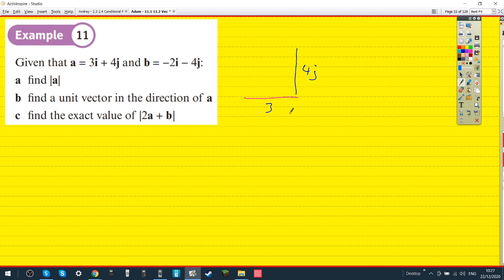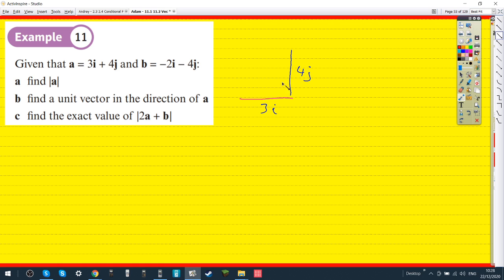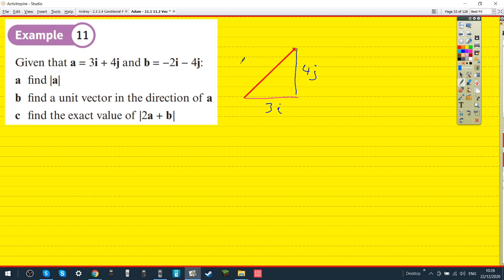So that's 4j, that's 3i. And on a vector diagram, magnitude is represented by length. So you would find the length of the line, the vector 3i plus 4j.